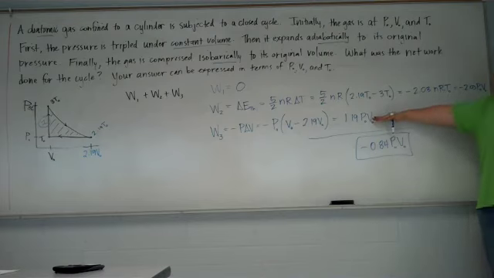Work 1 was 0, work 2 is negative 2.03 P naught V naught, work 3 is positive 1.19. So when we add them all up, the net work is negative 0.84 P naught V naught. Negative means throughout the course of the cycle, energy left the system by way of work. So the system did more work on the surroundings than the surroundings did on it. Any questions?